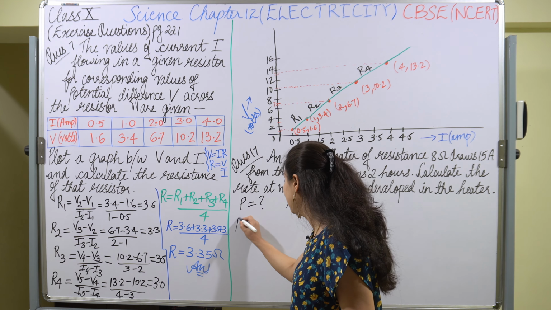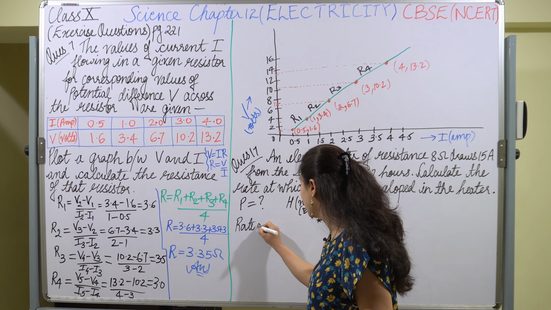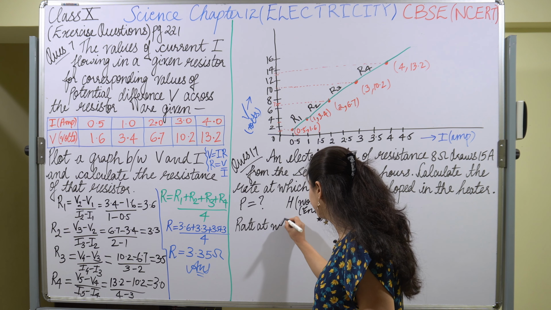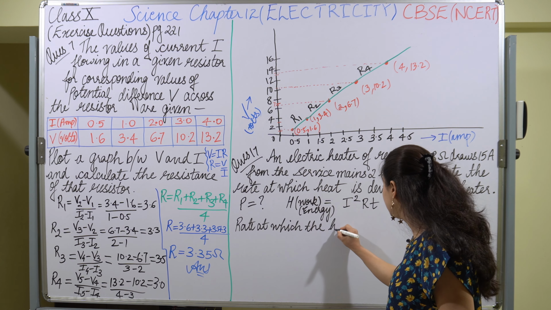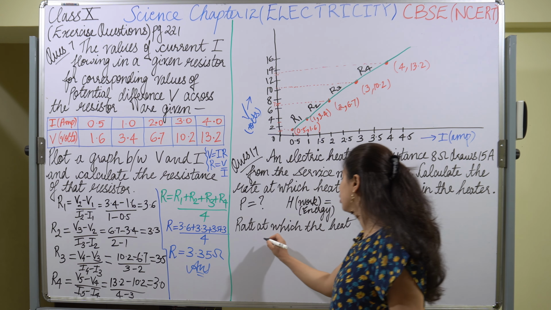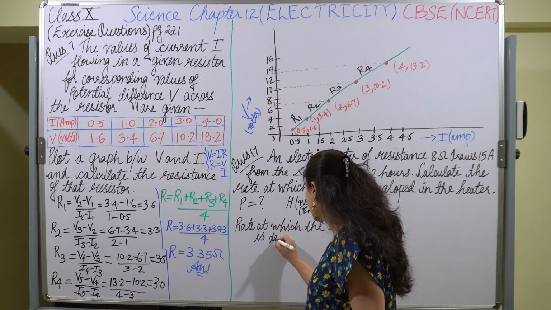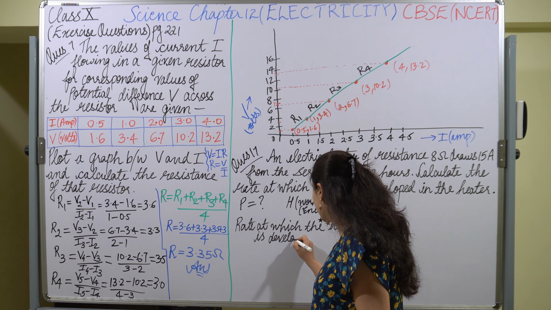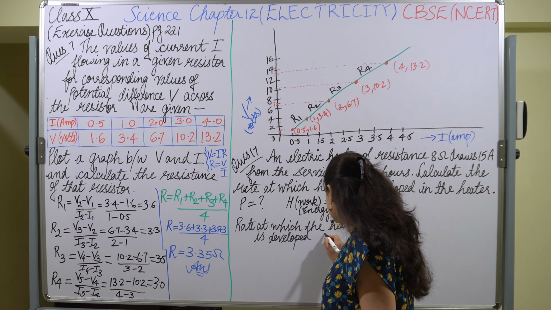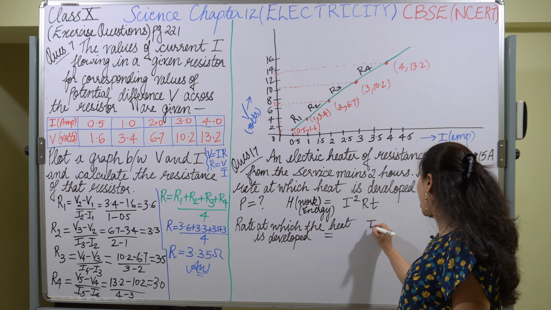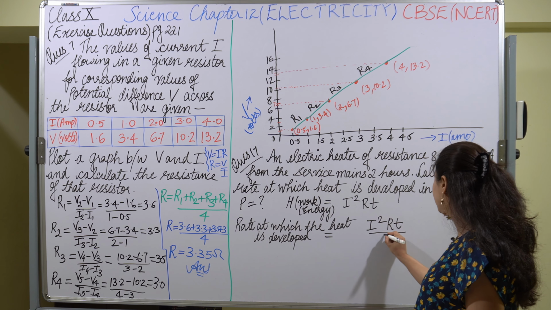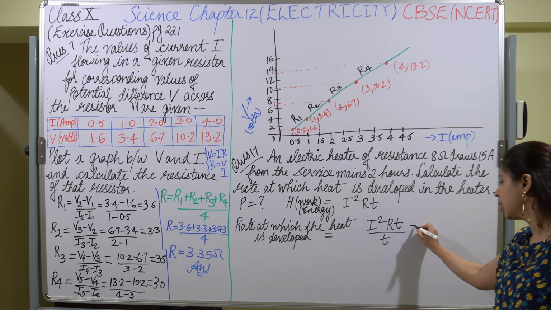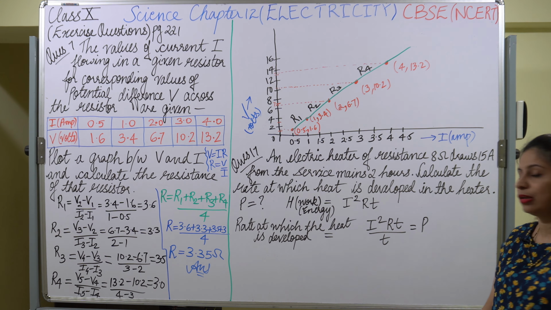So the rate at which the heat is developed is given by I square RT upon T, or you can also say it is power P.